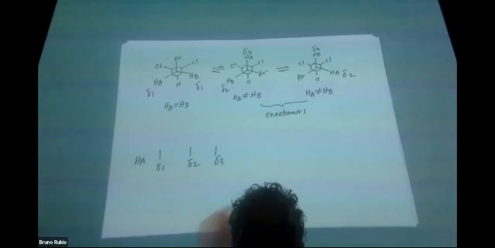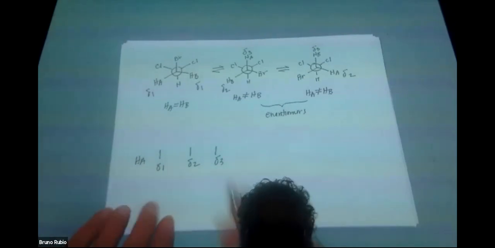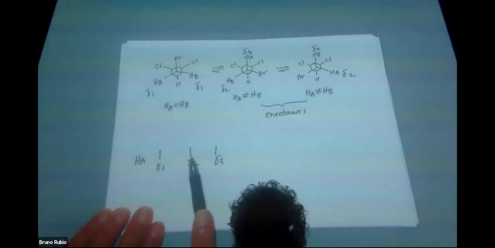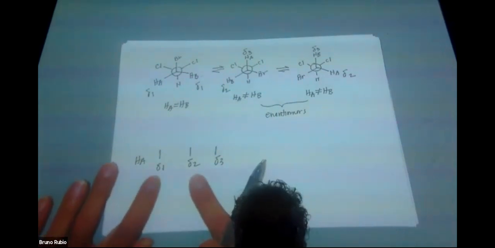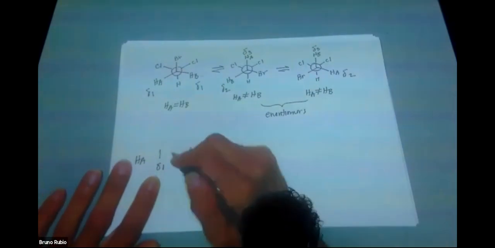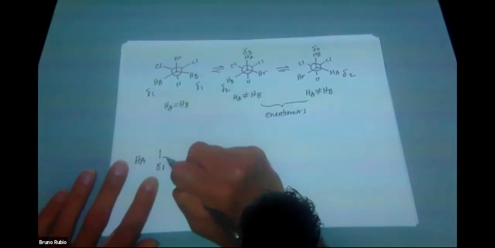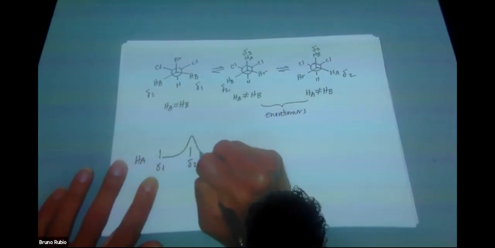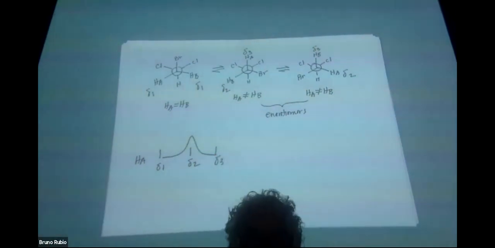The NMR just sees an average of all of these signals. Just accidentally, I've equally spaced these lines, but the difference between delta 1, delta 2, and delta 3 could be anything. But just the way I've set this up, I'm going to draw the signal average somewhere there in the middle. So sometimes HA is delta 1, sometimes it's delta 2, sometimes it's delta 3.